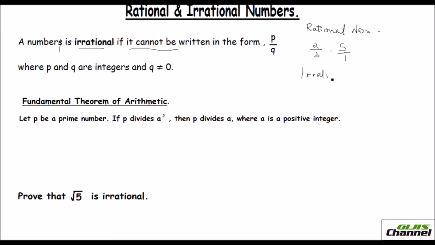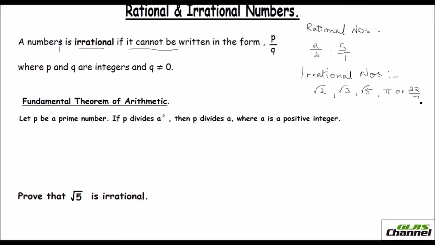A few examples I can give you for irrational numbers are root 2, root 3, root 5, etc. And you can even say pi, the value of pi, or 22 over 7.